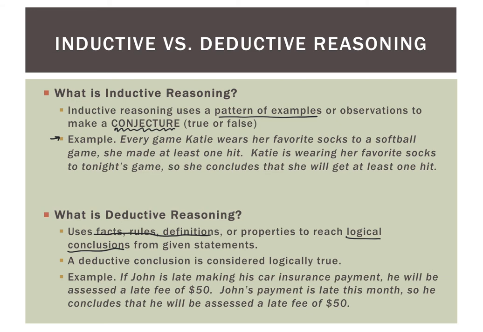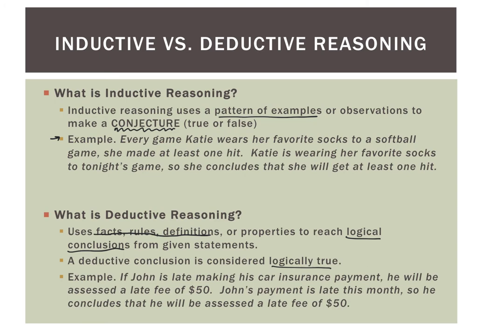Deductive reasoning is you start with something you know to be true, and then you take another step which you know to be true, and then another step which you know to be true, and you keep doing that until you end up with a conclusion that you know to be true. So all deductive conclusions are considered logically true because of the process I just explained. If you start with truth and you keep going with truth, then you should end up with truth.